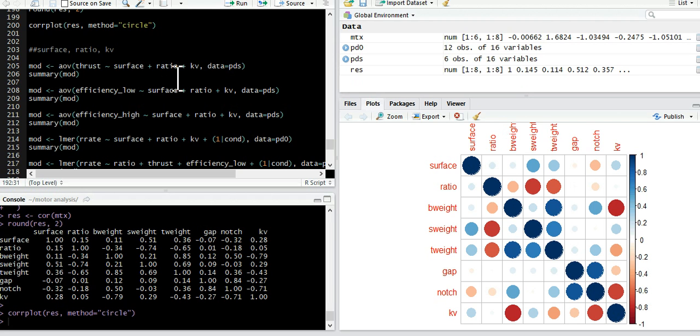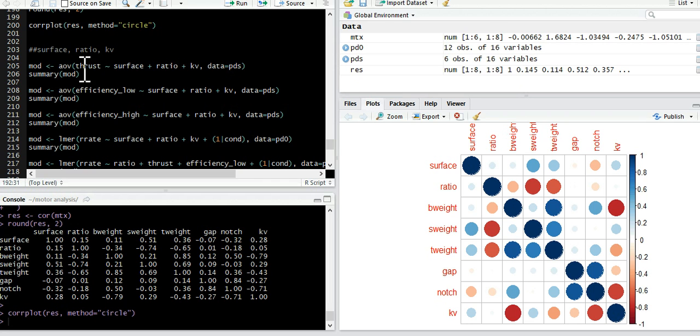Also the ratio. A lot of the discussion, or so-called innovation, on motors is changing to different geometries, particularly wider stators and shorter heights, trying to pick up torque and efficiency. And also our old friend kV.